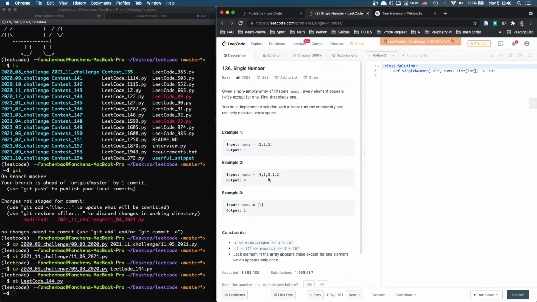I mean, we cannot sort, right? Sort is O(n log n) and is constant extra space. But if we sort, it's not linear time. Right? So I'm stuck. Either linear time with linear extra space, a counter, or sorting, which is O(n log n) runtime, but with constant extra space.